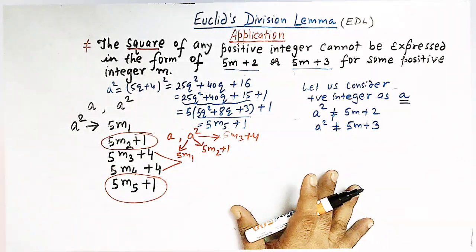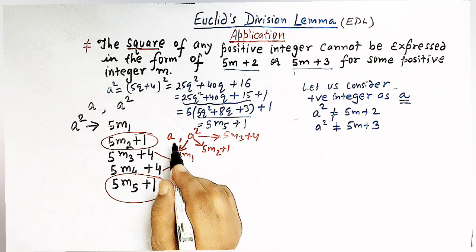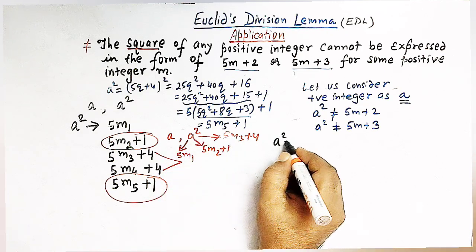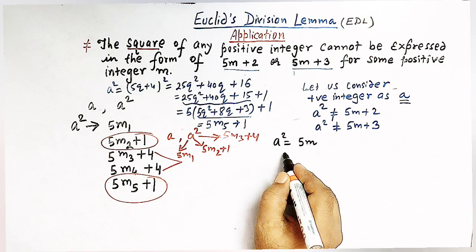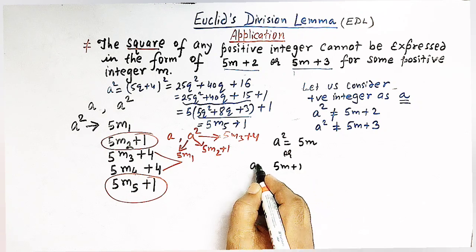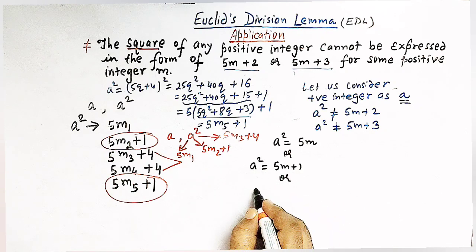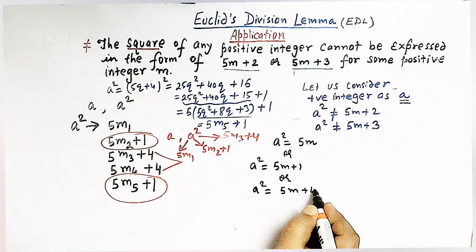So from this discussion, we have seen that the square of a positive integer a can be expressed as 5m, 5m plus 1, or 5m plus 4.